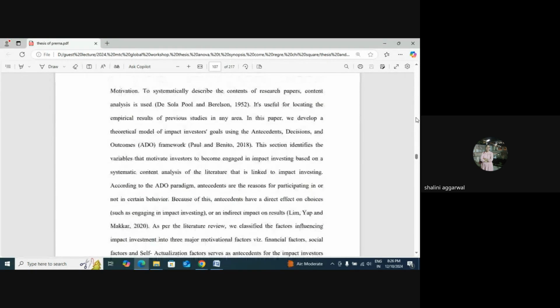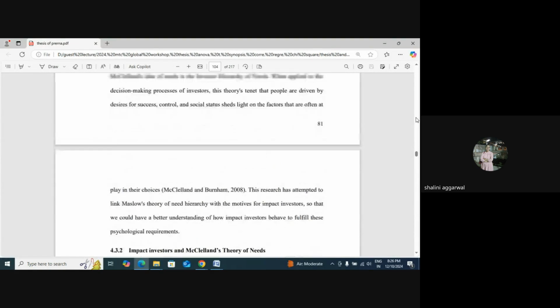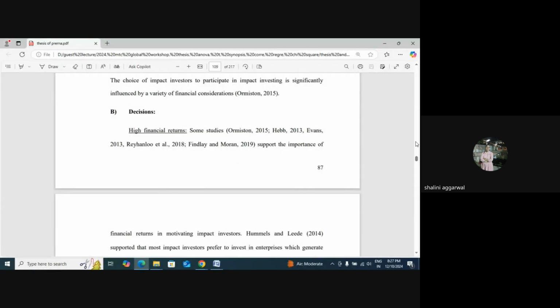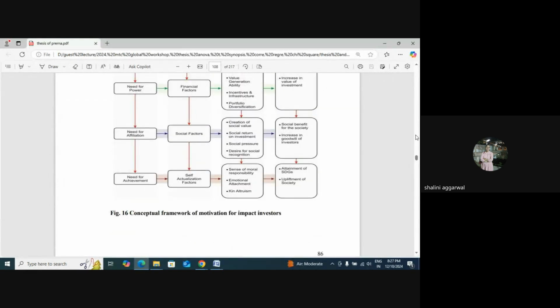And just look at this. This has tables and figures, right? So whichever tables and figures there are, let's see, this is a figure, right? So this page number is 108. So it will be mentioned in the starting list of figures.